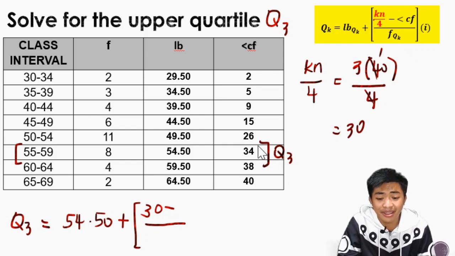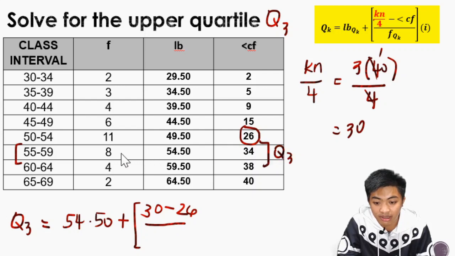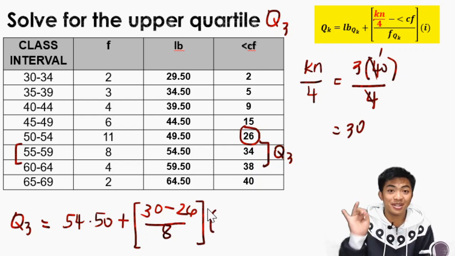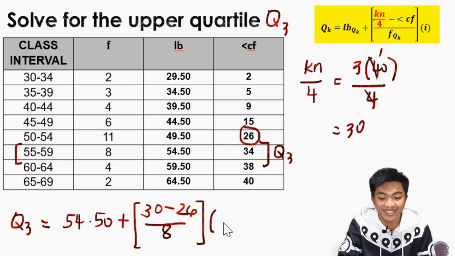So, hindi si 34 ang isa-substitute natin, kundi yung cumulative frequency of the class preceding the third quartile class. So, that is 26. And then, the frequency of the third quartile class, that is 8. Multiplied to the class size, 30, 31, 32, 33, 34. So, it's 5.